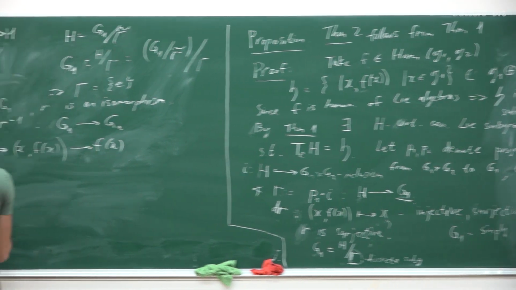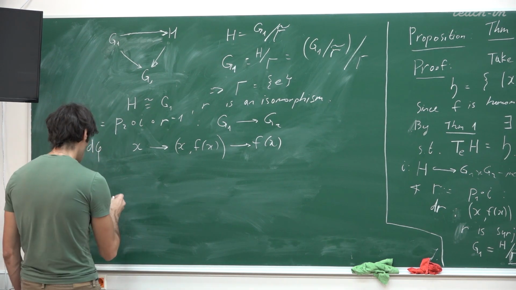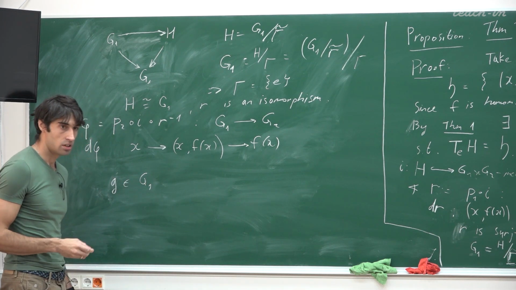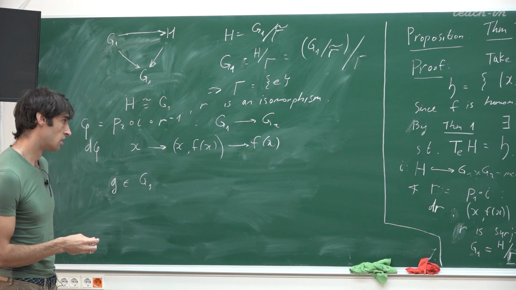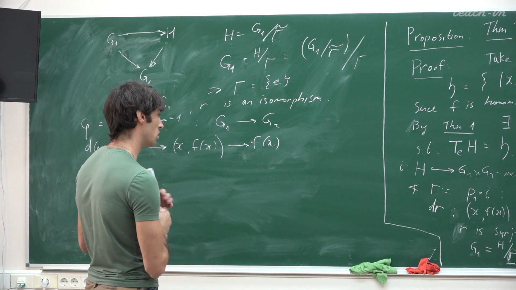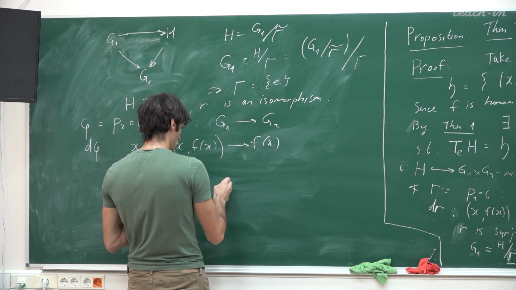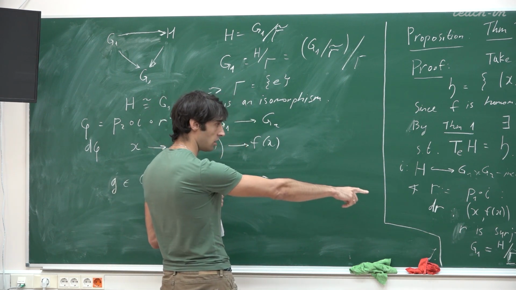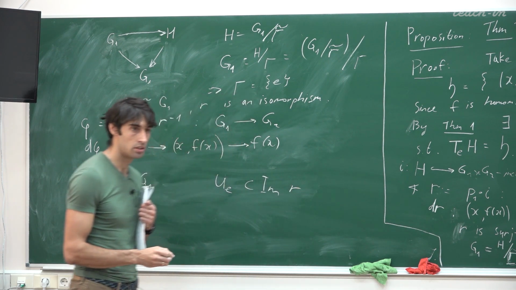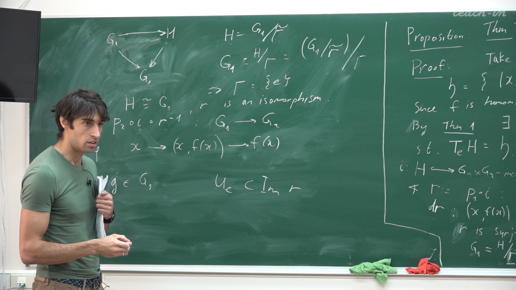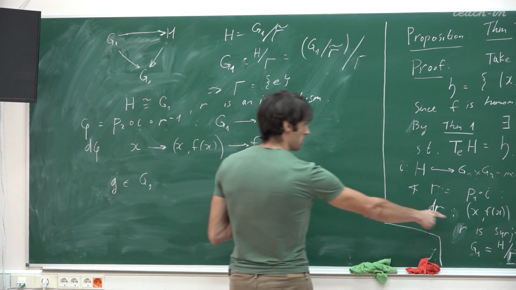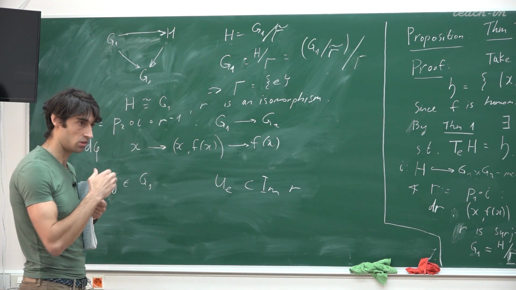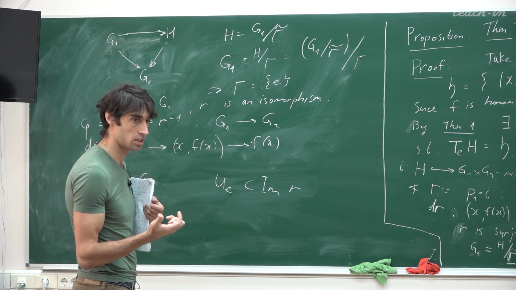I think the whole point is that surjective means I take any element from G1, and for sure I have some neighborhood of identity that lives in the image of R, just because the differential is an isomorphism, and by the inverse function theorem or something like this, it's a local diffeomorphism actually.